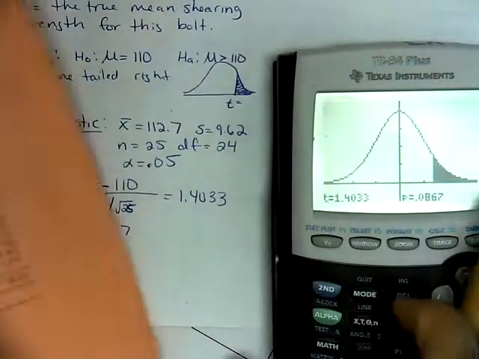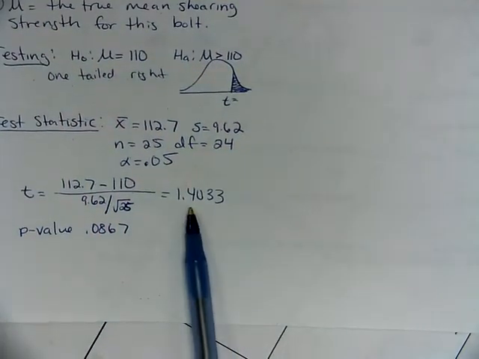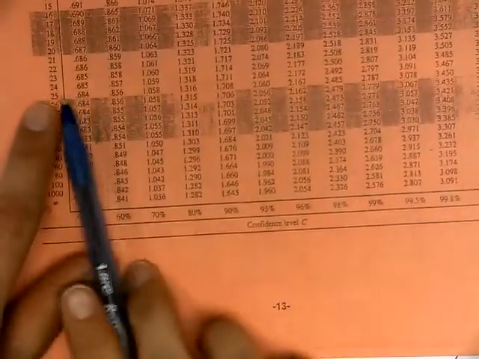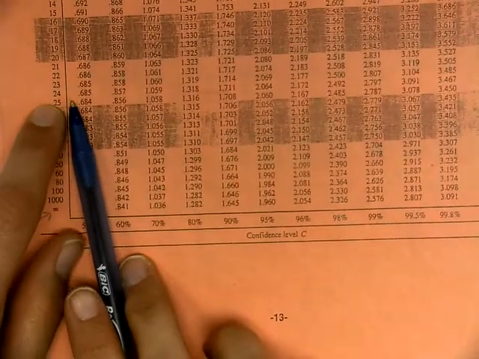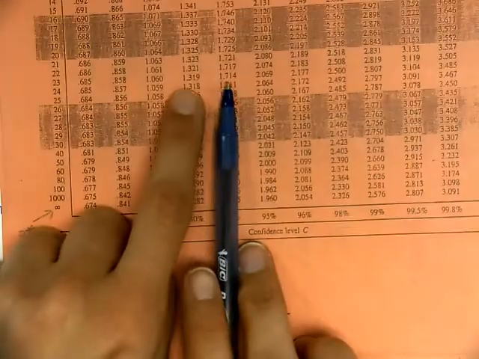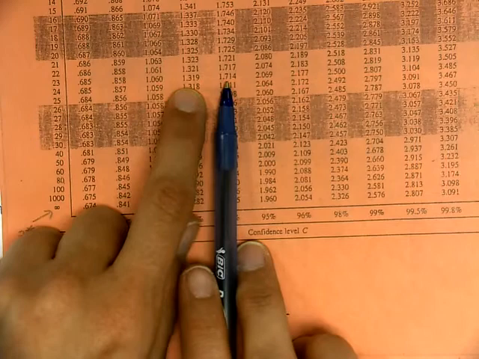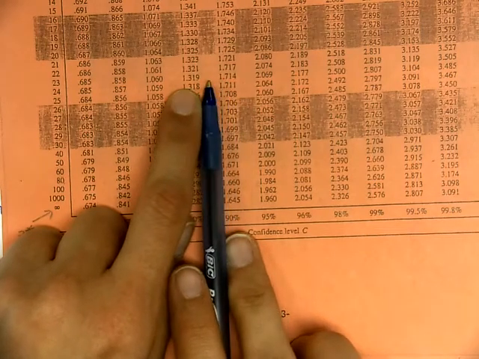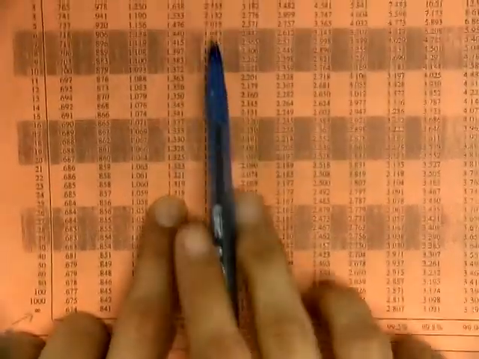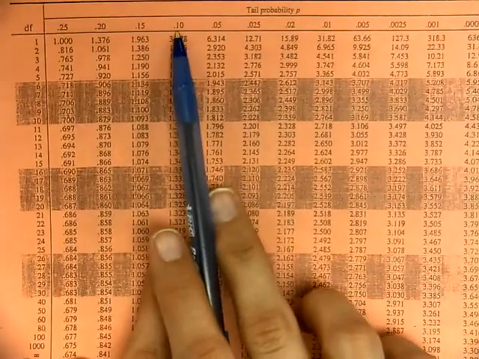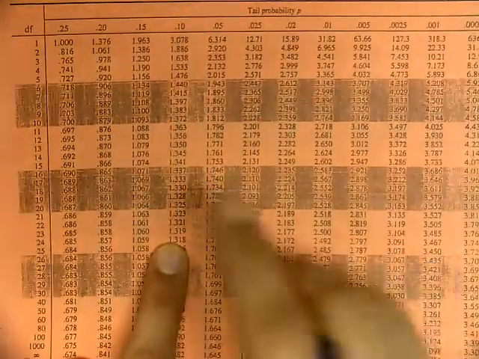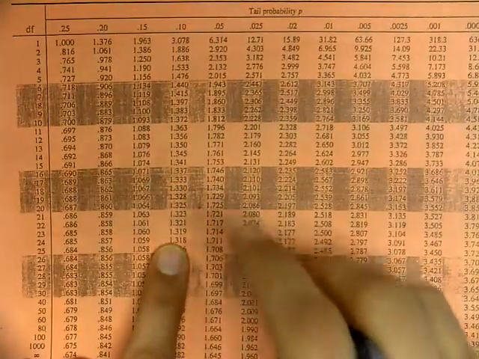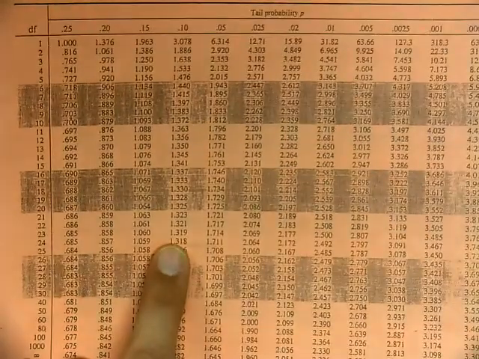Like if I were to look up 1.40, I'd have to go to row 24 and get as close to 1.40 as I could. Well, it's somewhere in between 1.3 and 1.7. Closer to 1.3. So like your p-value is in between 0.5 and 0.1.